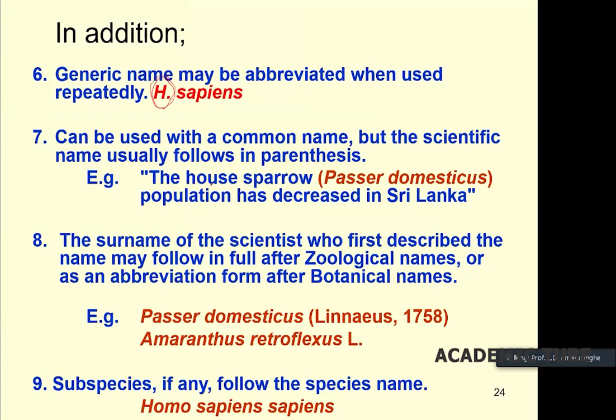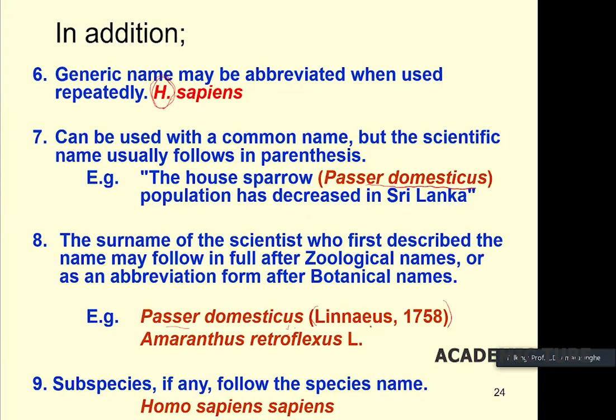For example, if it is a house sparrow, we can write the scientific or zoological name like this. Again, if this particular species was named by an author, for example Passer domesticus, we can write within brackets the author name with the year it was found.